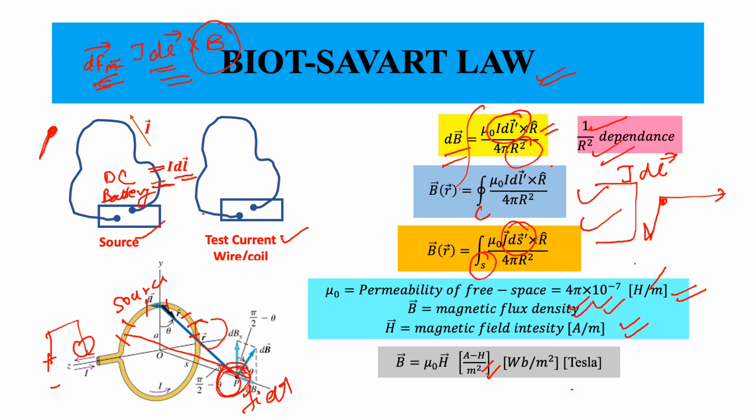And instead of writing ampere Henry per meter square every time, we call this Weber per meter square. So we measure B in terms of Webers per meter square. Now instead of writing Webers per meter square every time, we denote this as the unit Tesla, in honor of Tesla, the great inventor of the last century.